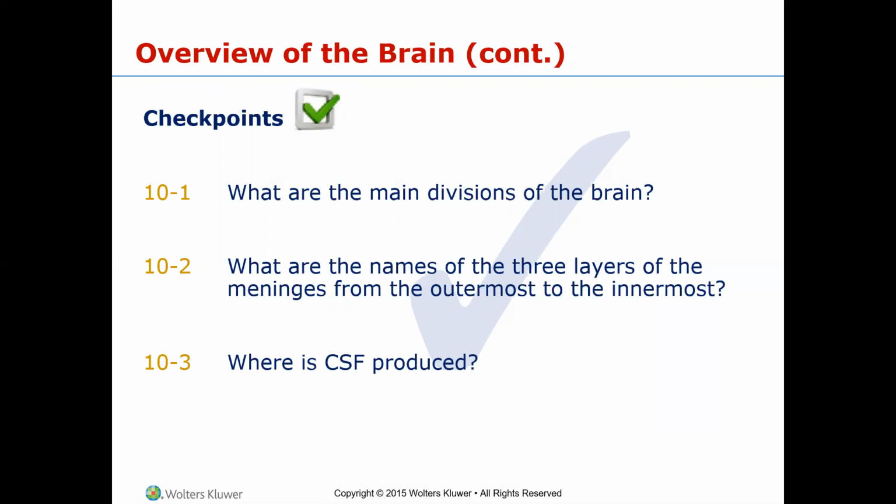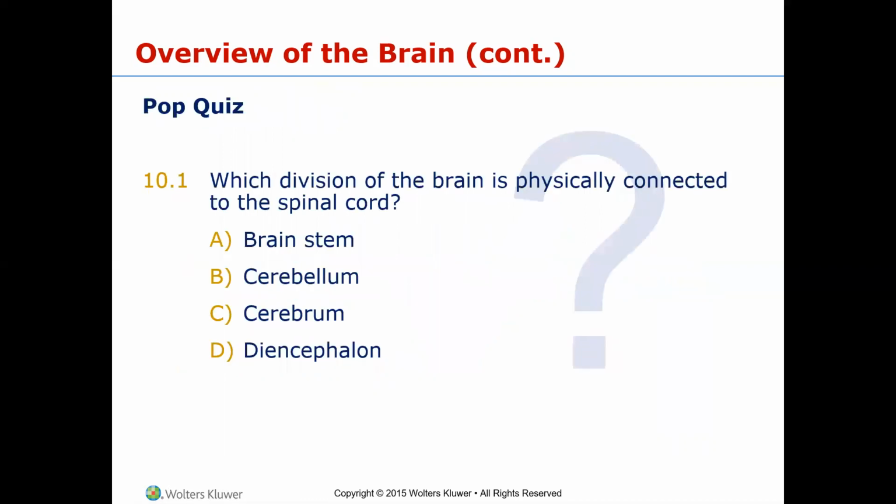And then where is the cerebral spinal fluid formed? It's formed in that capillary network that we call the choroid plexus. So which division of the brain is physically connected to the spinal cord? And again, you would have that as being the brain stem.